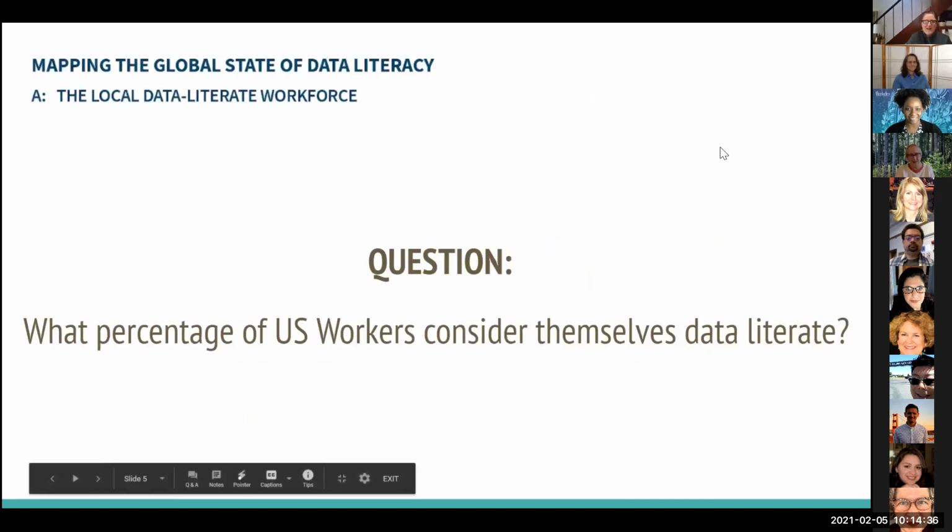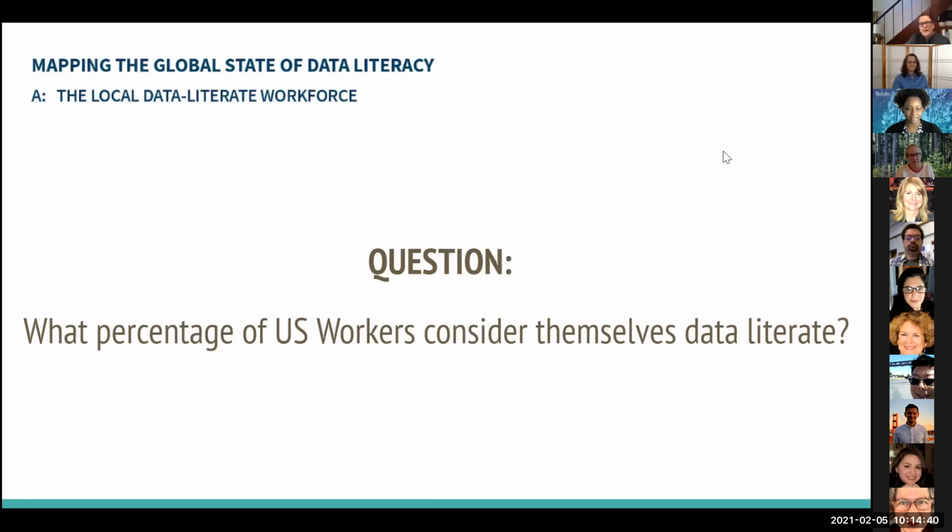Okay. So if you are interested, feel free to put in a guess here in chat. The question is, what percentage of US workers report themselves to be data literate? So this is self-reported, the idea of how many folks out there consider themselves data literate sufficient to be able to do their work.